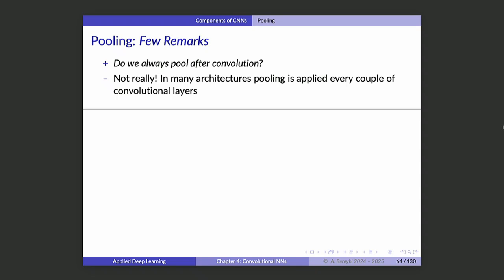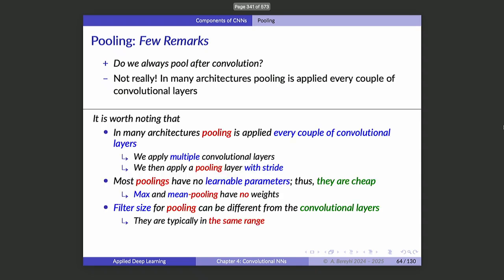So there is no necessity that you have exactly pooling after convolution. They could come together, or they could just come separately. So now, the typical scheme, as I told you, is that we do multiple convolutions, then we do one pooling with a stride.